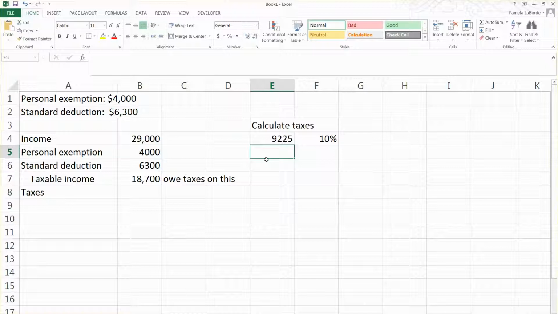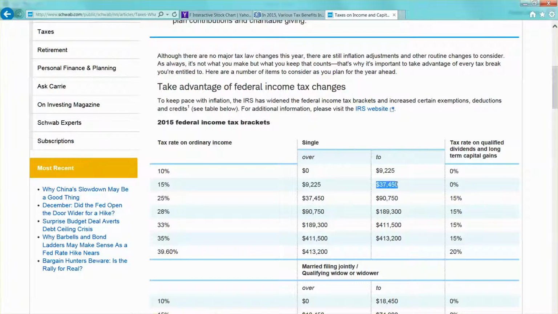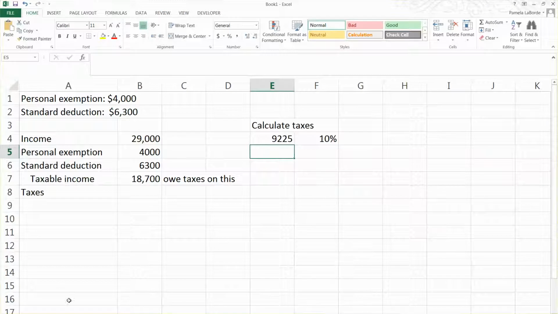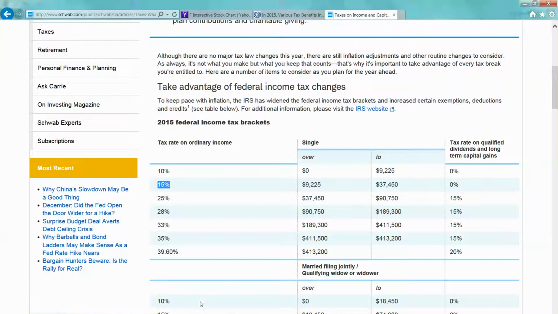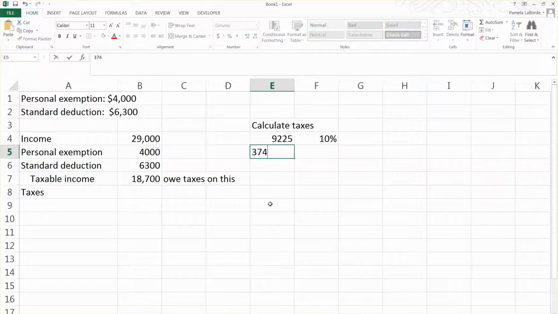And from any amount above 9,225 to $37,450, they're going to pay a 15% tax rate. Now I've already forgotten that number. I have to look it up again. 37,450. And that's a 15% rate.